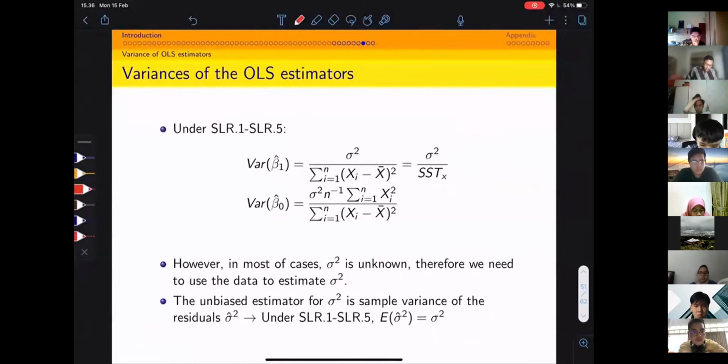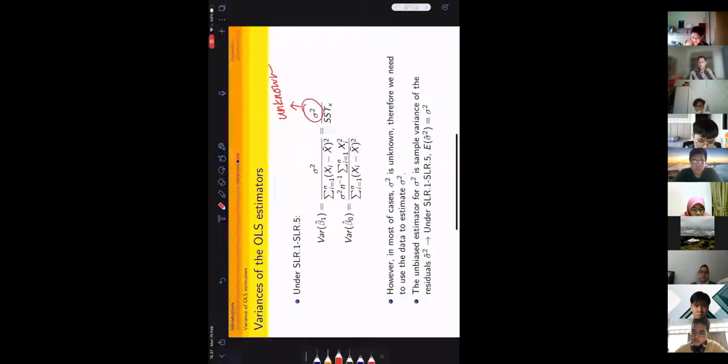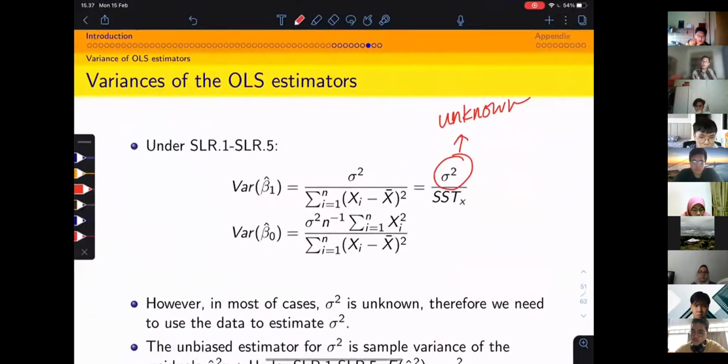All right. So the next issue that we need to talk about is that we don't know the value of the variance. Again, this is a feature of the population. So sigma squared is actually a parameter, and the value is unknown. If we don't know the value of beta 0 and beta 1, then we're going to get data and use the data to estimate beta 0 hat and beta 1 hat.